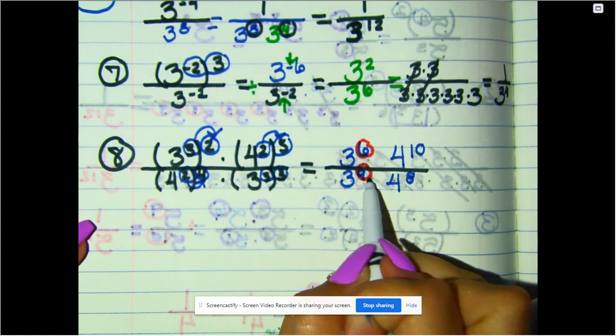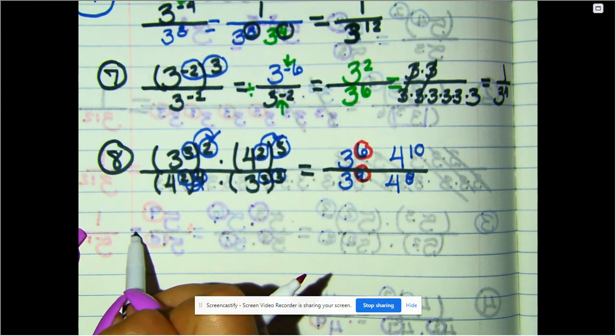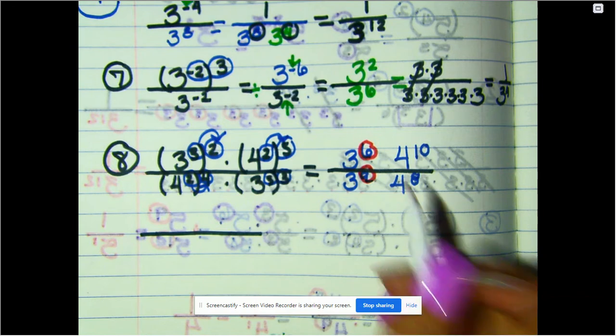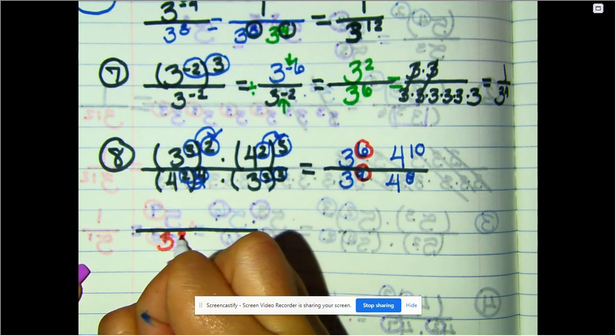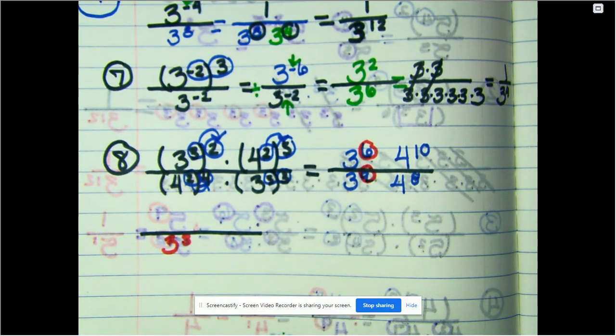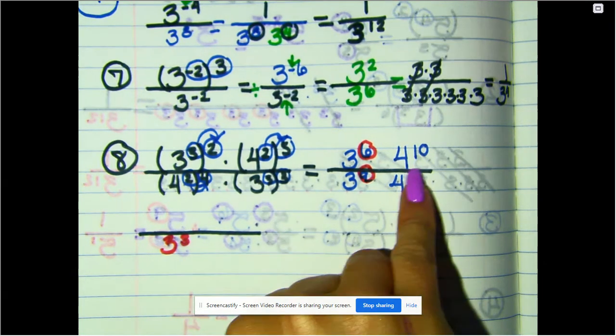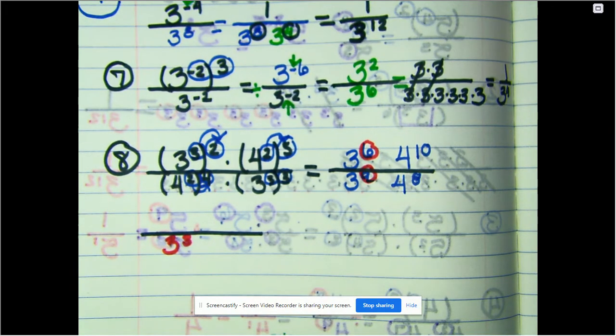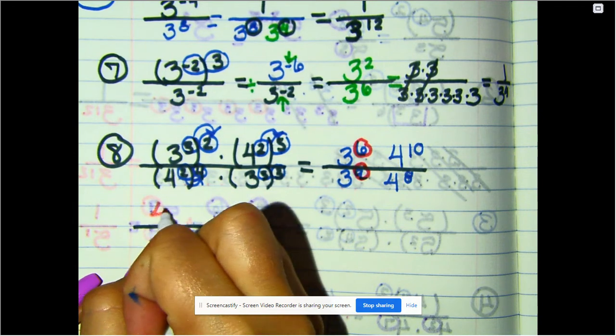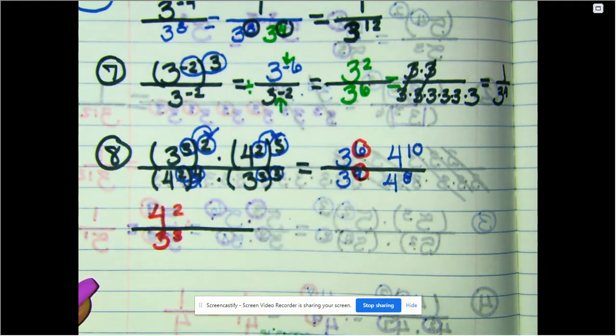And the 9 was bigger, so my 3s are going to be left on the bottom. So that would be 3 to the 3rd power. Okay? And then the other one, you have 10 minus 8, and that is 2. The bigger exponent was on top, so 4 to the 2nd power goes on top.